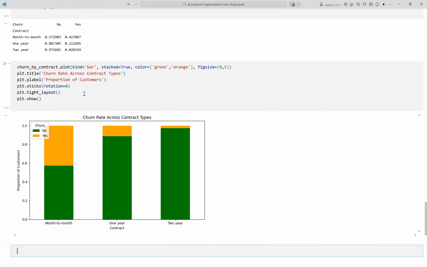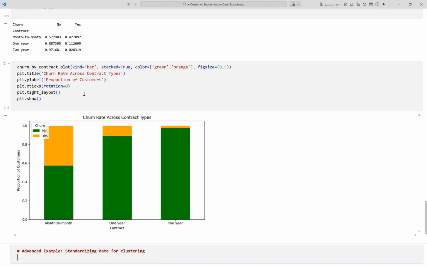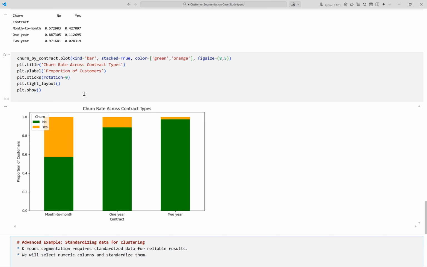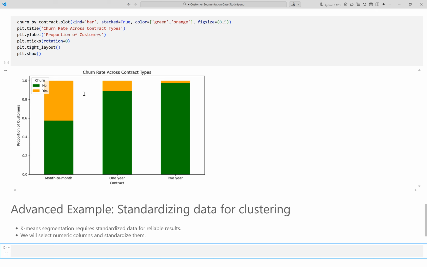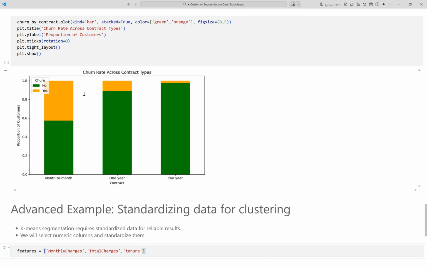Advanced example, standardizing data for clustering. K-means segmentation requires standardized data for reliable results. We will select numeric columns and standardize them. Running the cell now. We select features relevant for segmentation, such as monthly charges, total charges, and tenure.